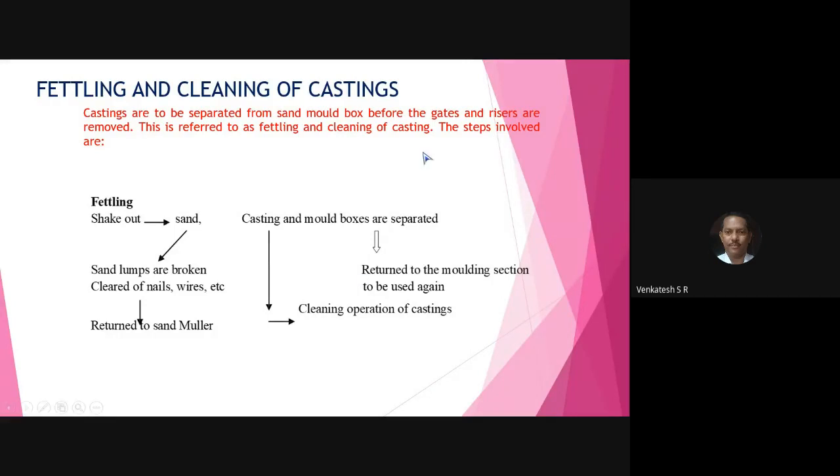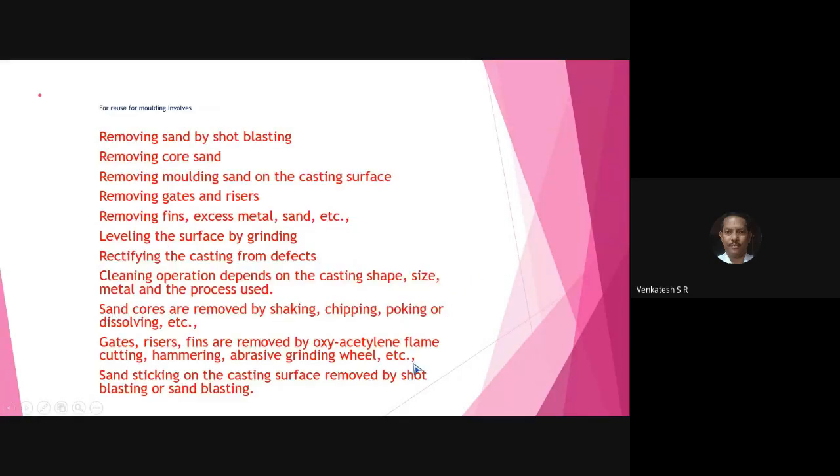Next, here the mold boxes. Below the mold boxes, write: return to the molding section to be used again.